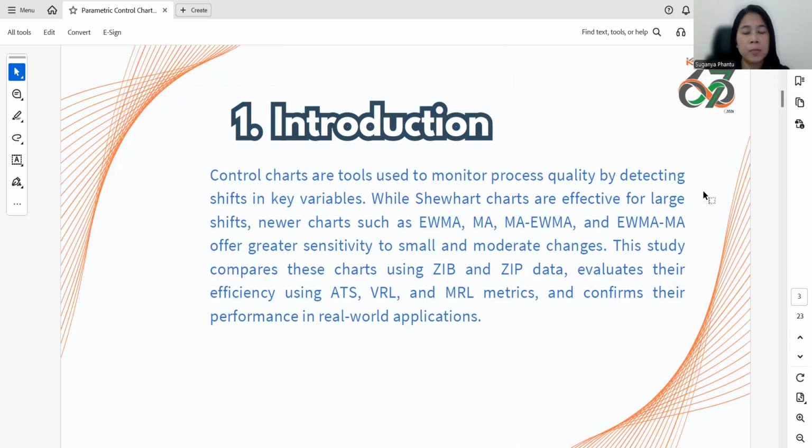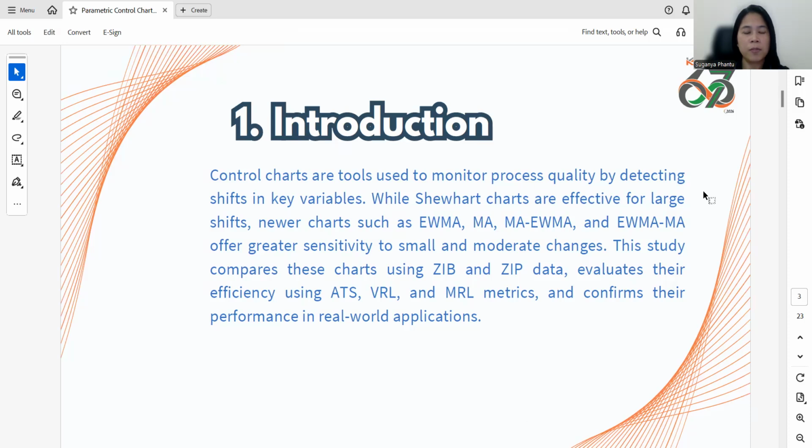Control charts are important tools in statistical process control. They are used for monitoring process quality and detecting changes in process behavior. Traditional Shewhart charts are effective for large shifts, but they are less sensitive to small and moderate changes.